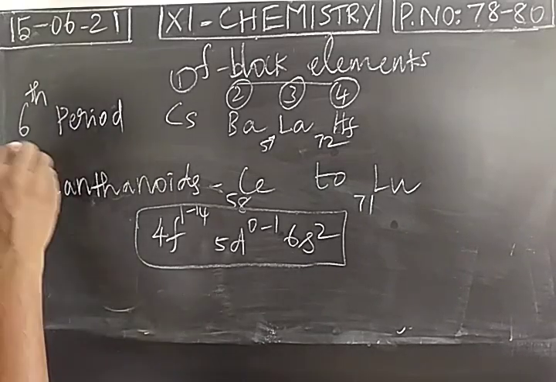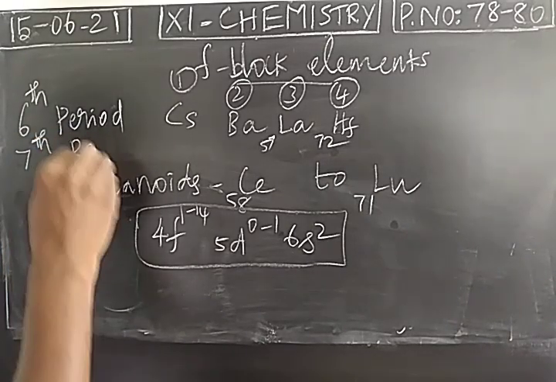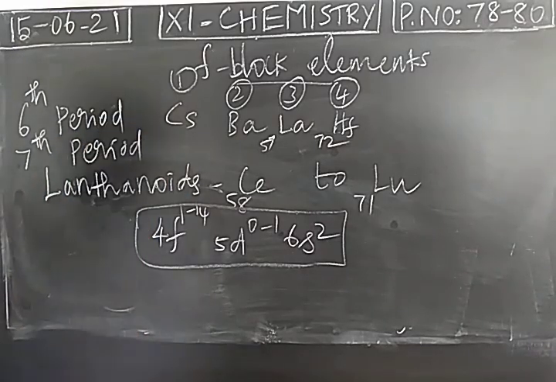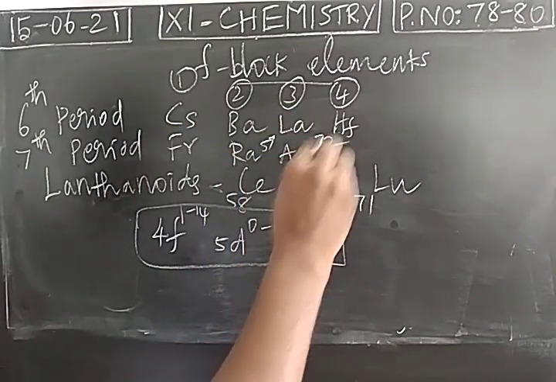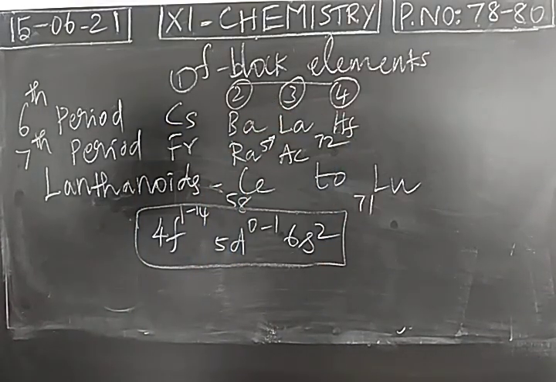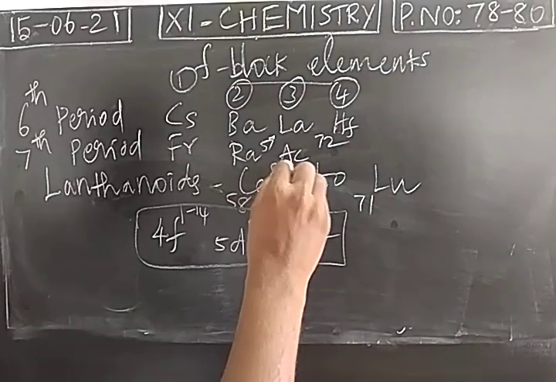And we take the seventh period. In the seventh period, it starts with francium, then radium and actinium. The atomic number of actinium is 89.